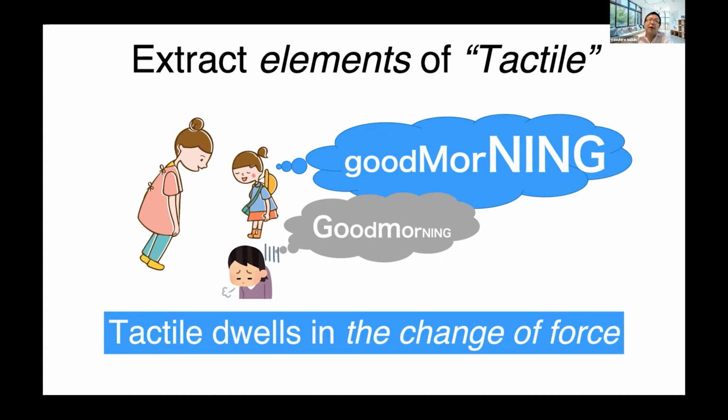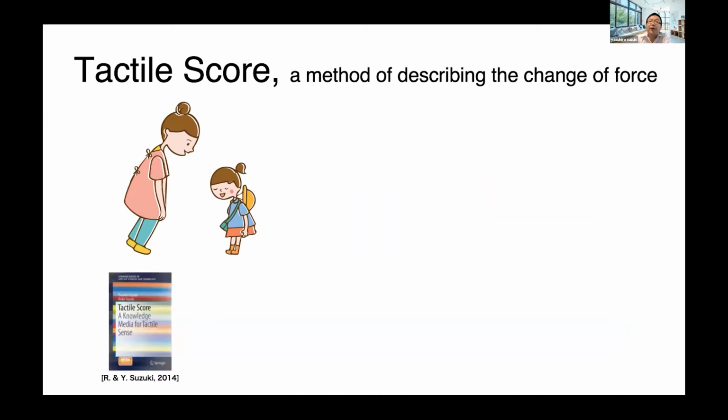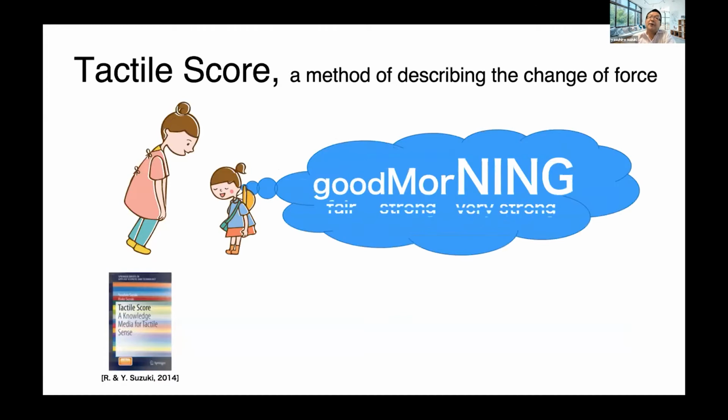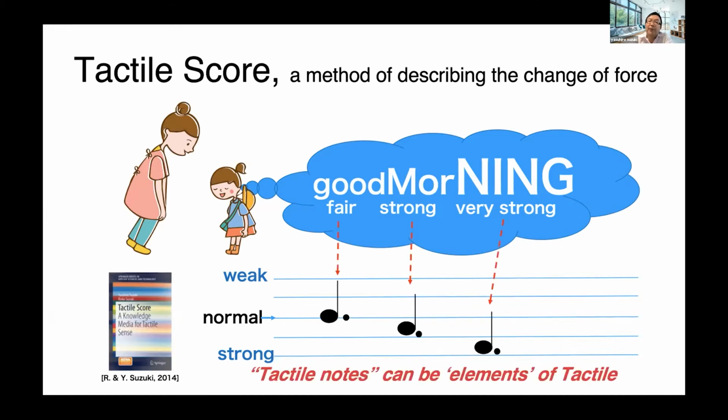So we conjectured that tactile dwells in the change of force. If so, we can extract the tactile by focusing on the change of force. We use a musical score, where the third line is normal force, normal volume. Downward means stronger, and upward means weaker.